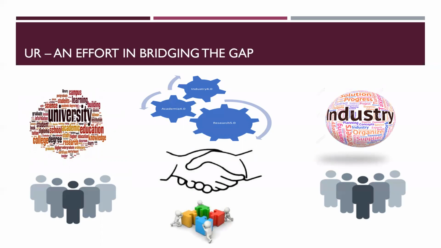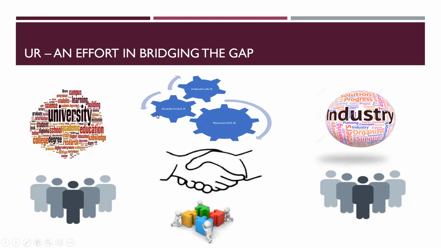So when we talk about university relations, this is an effort in bridging the gap between the industry and the college. In the earlier days, when these collaborative tools were not very common, we used to see a huge gap between the industry and the universities and colleges. In the figure, industry used to be at 4.0, academia at 3.0, research at 5.0.